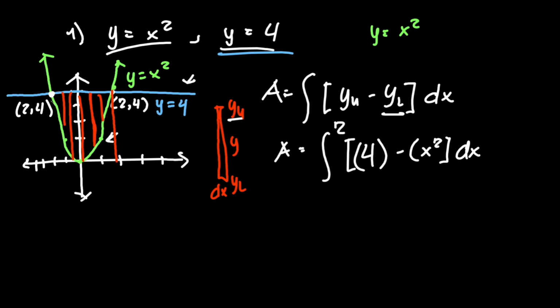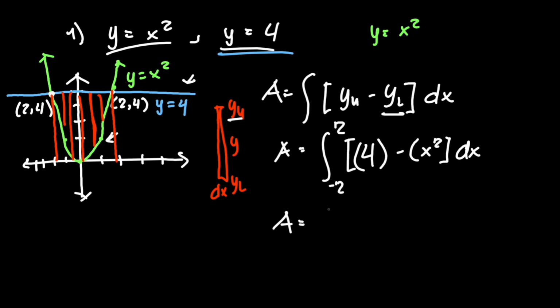And if you go into the left, the value of this would be negative 2. This is also one of the advantages of using points of intersection, because you can now identify the upper and lower limit of the integral. So this would be negative 2.